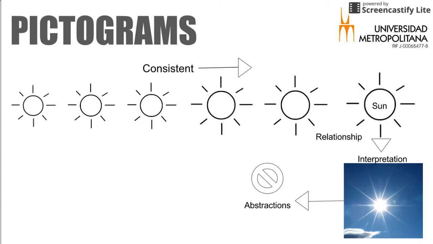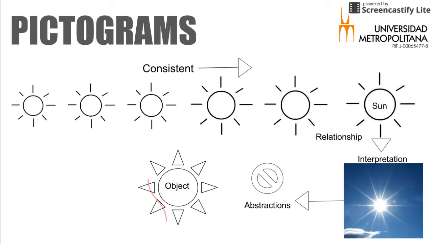For example, if we take the form of the sun and add some lines, we may talk about the weather being hot, the sun is hot, and so on. So we have to come back and just consider the object as itself, in this case, the sun.